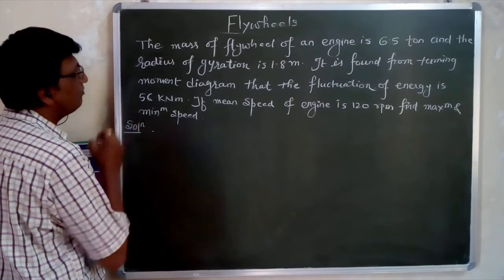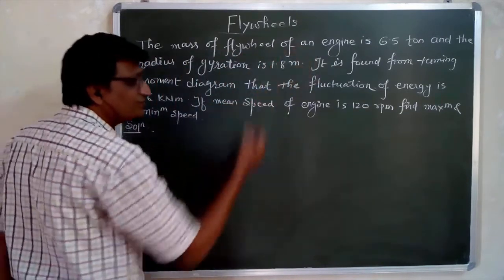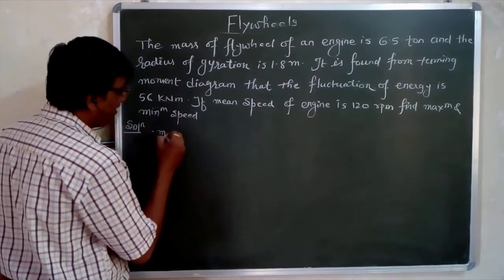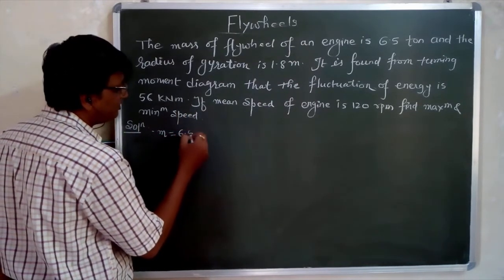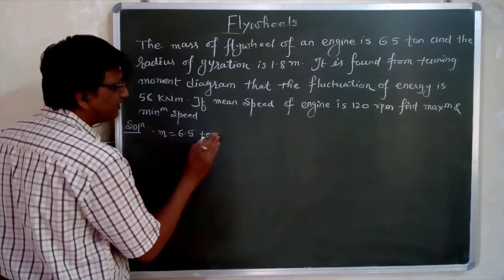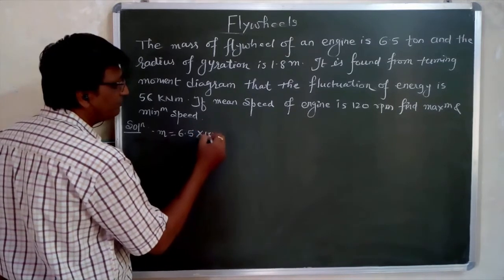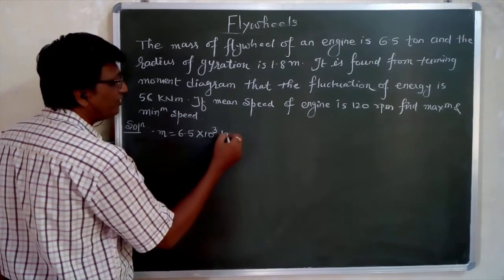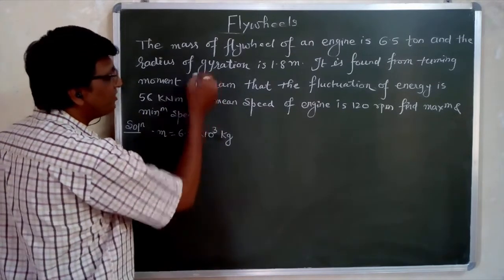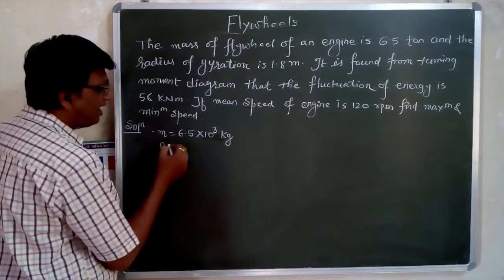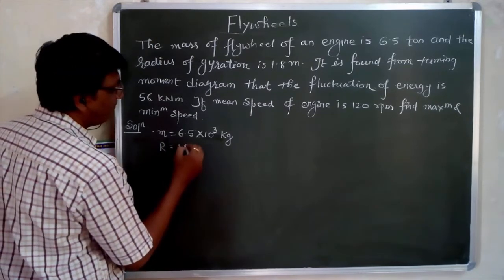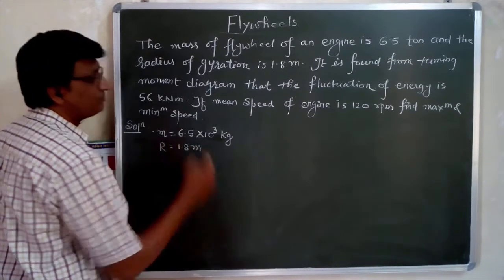Now, the mass of the flywheel of an engine is given as 6.5 tons. So mass can be given as 6.5 tons, and that tons can be converted into kgs by multiplying by 10 raised to power 3. Now radius of gyration, you can write r or k, so that is 1.8 meters.